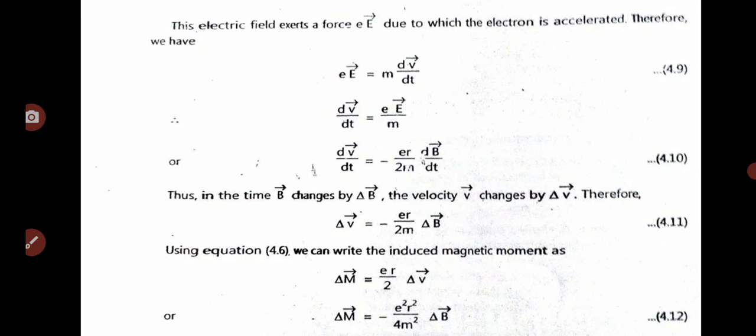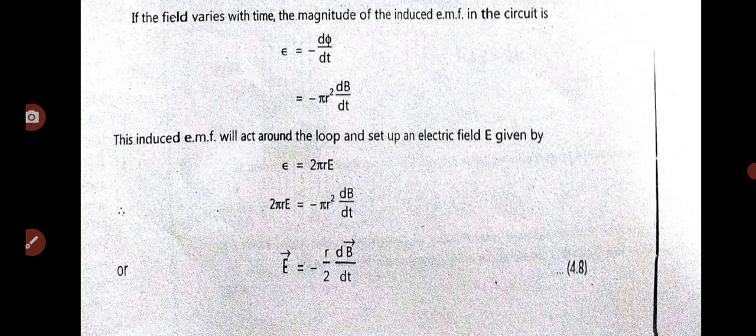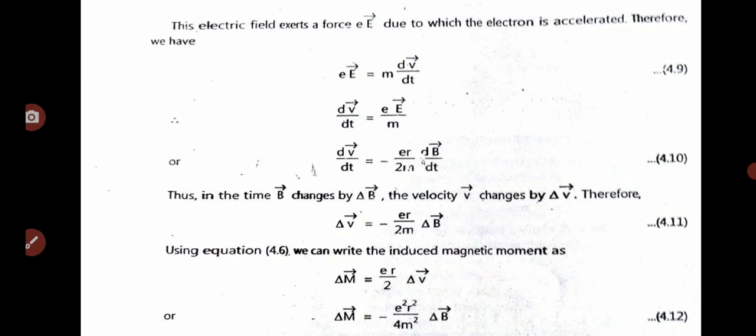Rearranging, dV by dt is equal to eE divided by m. Placing the electric field strength r by 2 into dB by dt in this equation, we get dV by dt equal to minus eR by twice m into dB by dt.